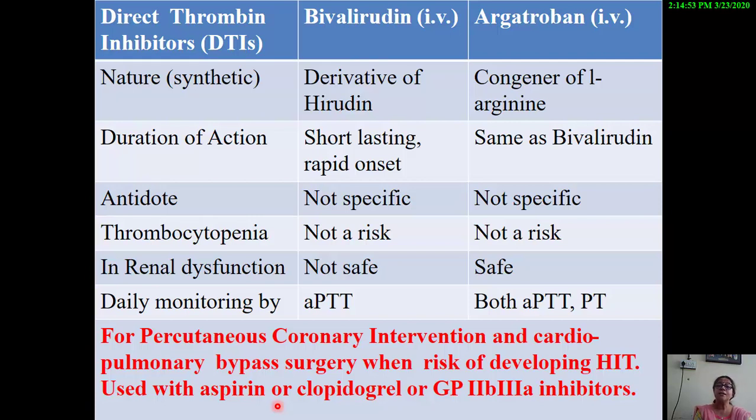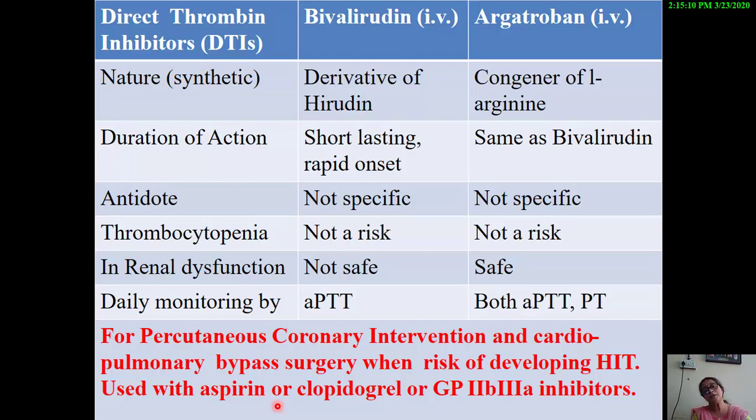And these are synthetic compounds which are derivatives of hirudin, which include compounds like bivalirudin, lepirudin, and desirudin. And we have another direct thrombin inhibitor which is by the name of argatroban.